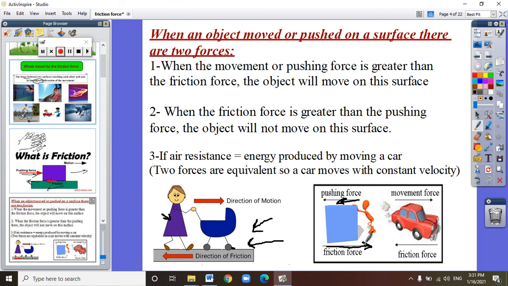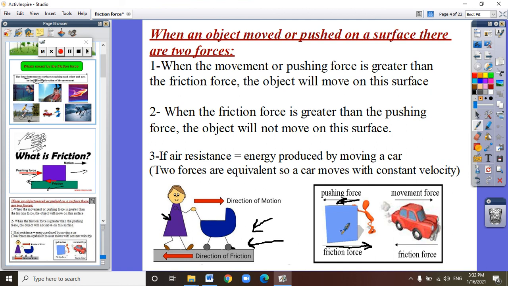If the friction force is bigger than the moving force, we will not be able to move the object. If the friction force is smaller than the motion force, we will be able to move the object. But if the friction force is bigger than the motion force, we will not be able to move the object.